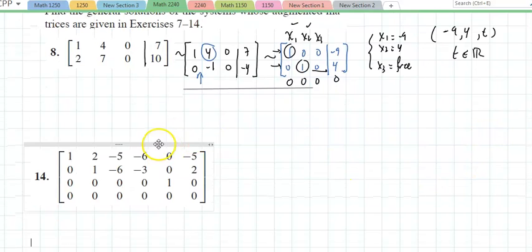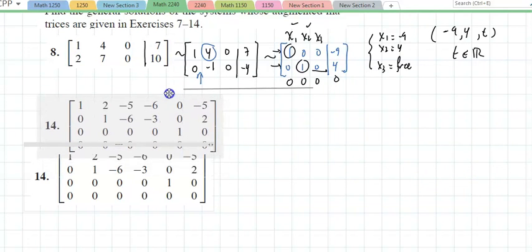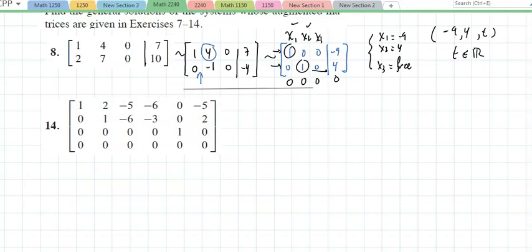What if they gave me this problem? What if they gave me number 14? Well, if I proceed ahead, if you notice, it is in echelon form already. All I have to do is 0 that out, and pretty much I'm done.